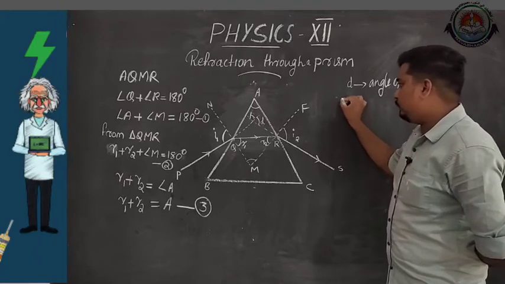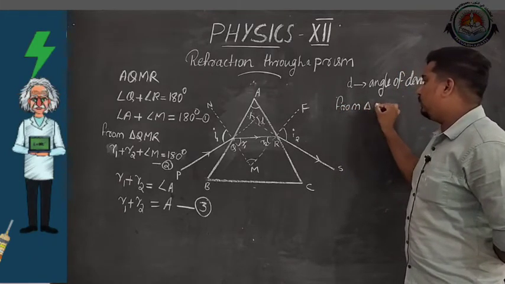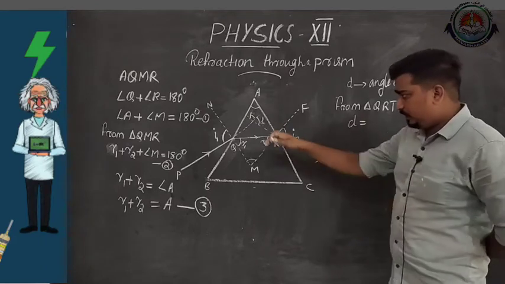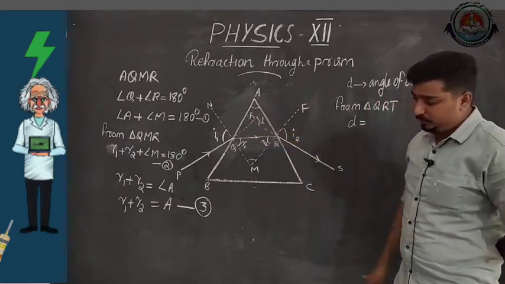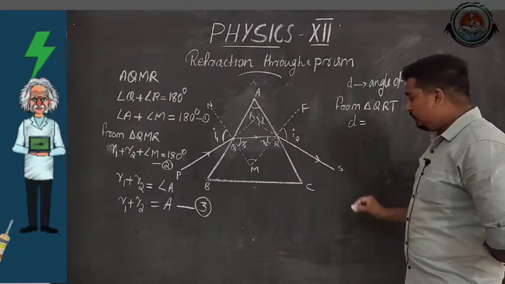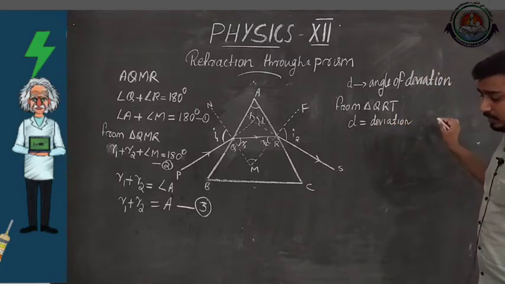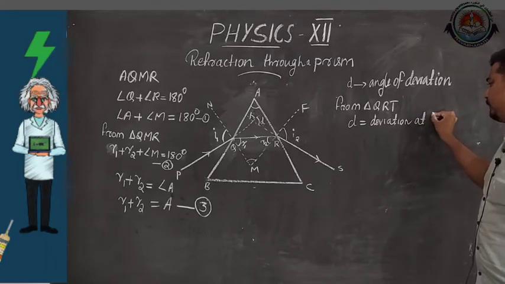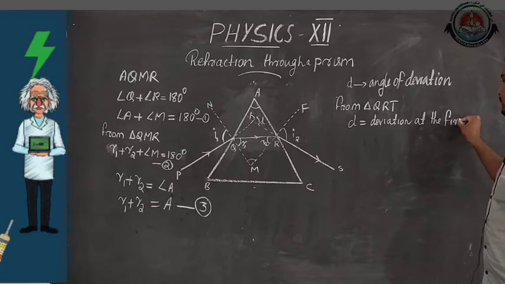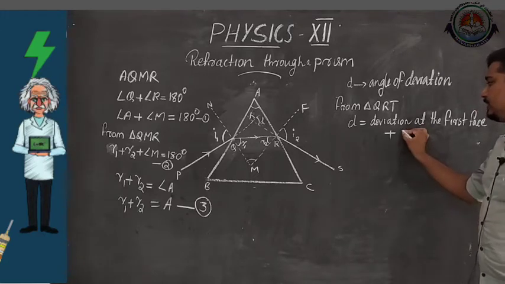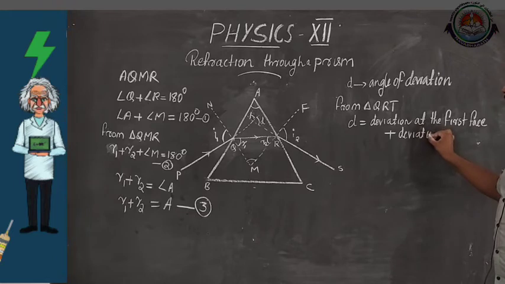From this triangle QRT, the angle of deviation D is equal to the deviation at the first phase plus the deviation at the second phase.